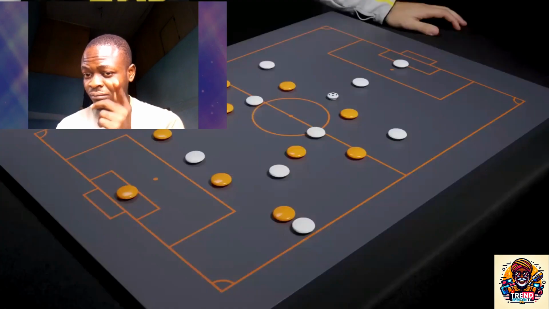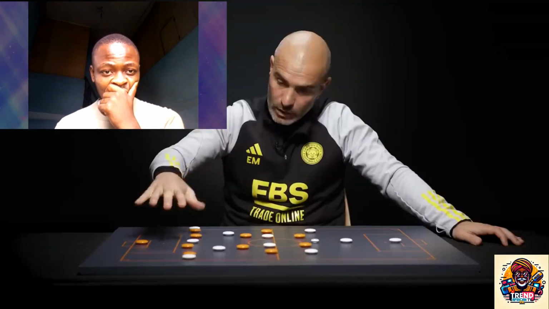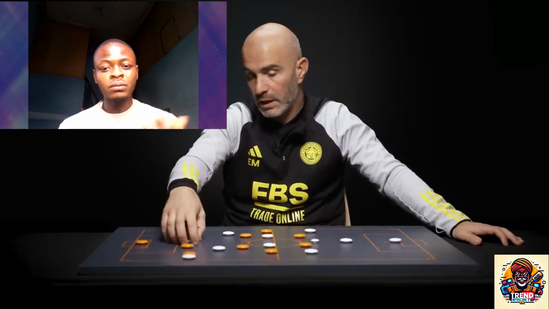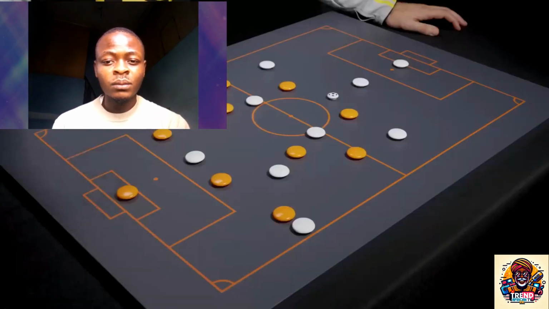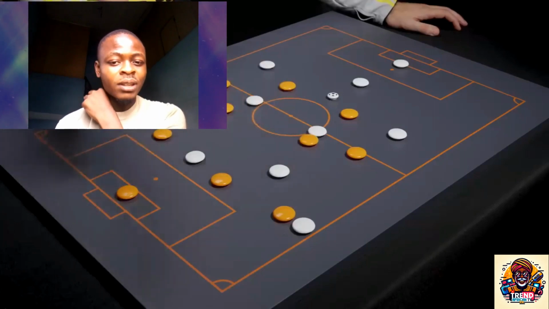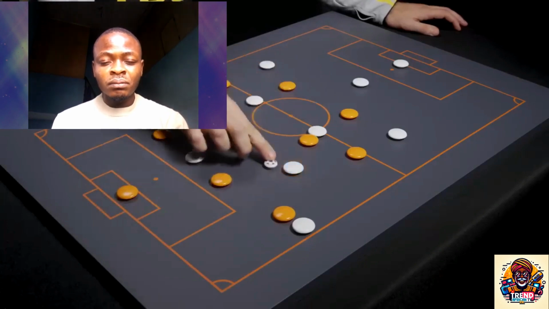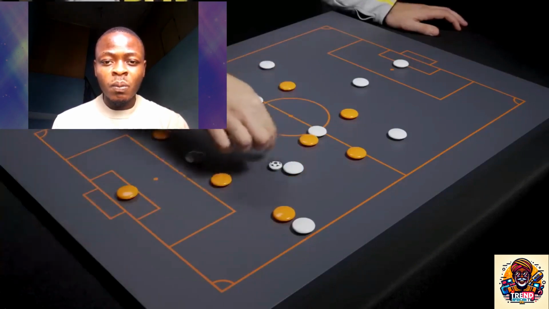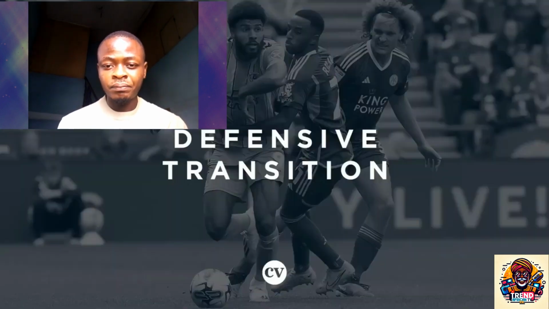So for sure, one of the reasons is because you can allow the players in front, so wingers, attacking midfielder or number 9, to receive with more space and more time. As we said, if this guy decides to jump here, this guy becomes free and he can receive the ball with more space and more time.